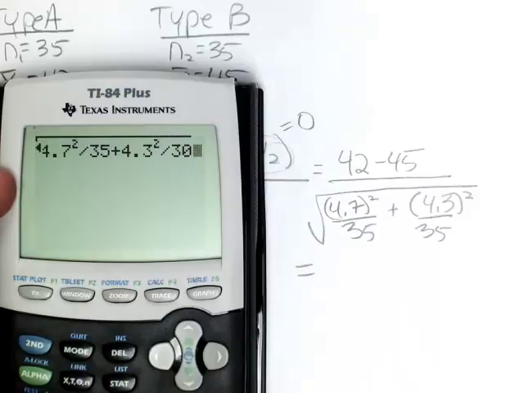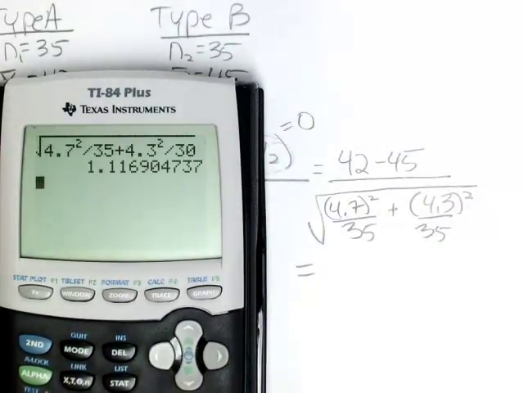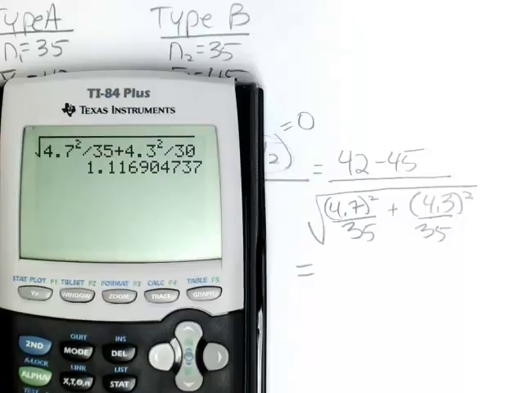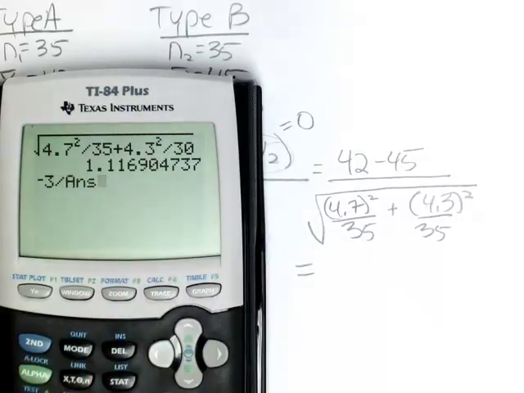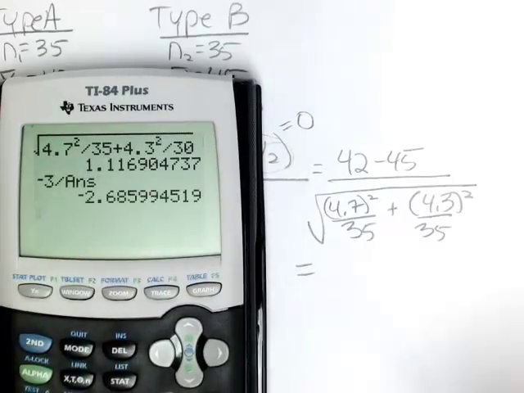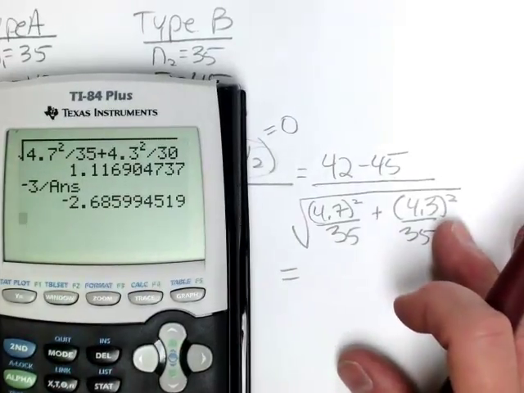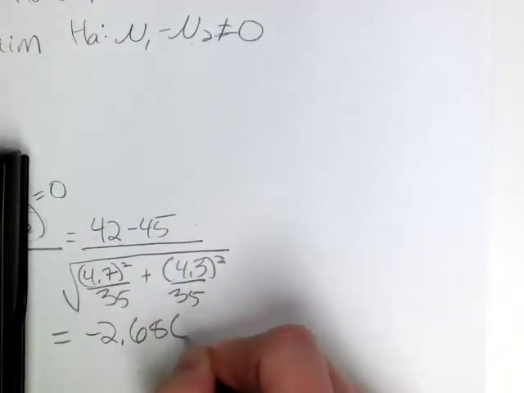If you have an older TI, you would close parentheses there. So that's the denominator. Now I need to divide the numerator, which is negative 3 in this case, by that denominator, so I can just carry it over. I get a standardized test statistic equal to about negative 2.686.